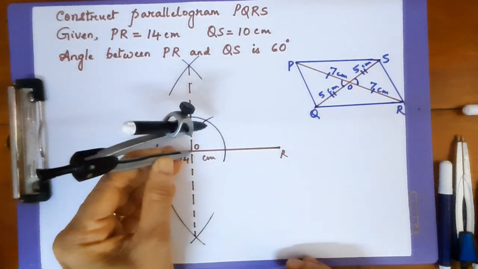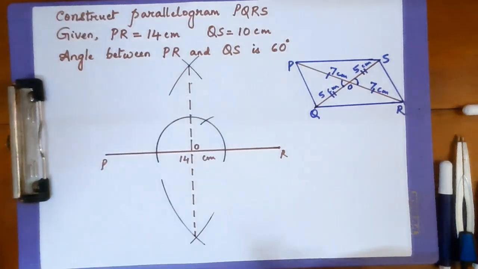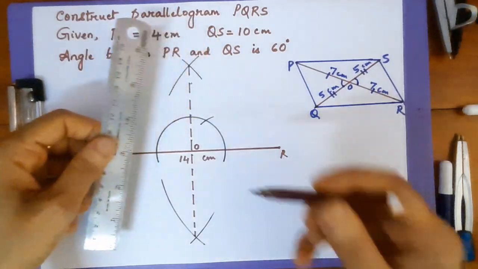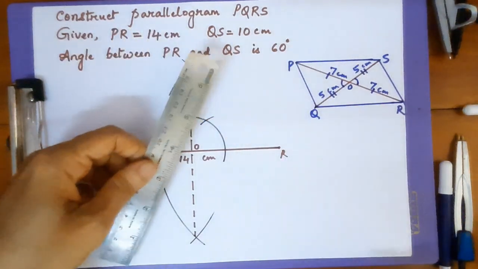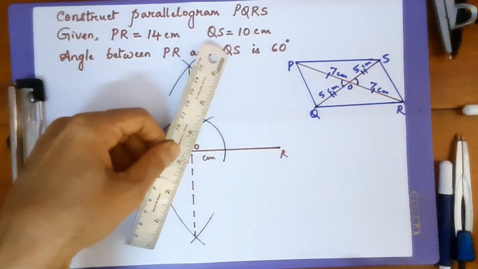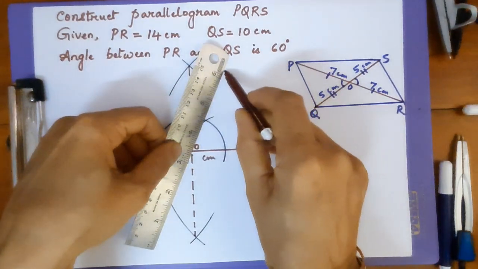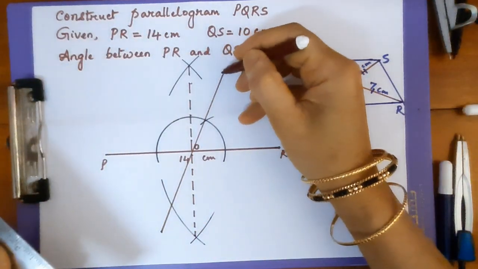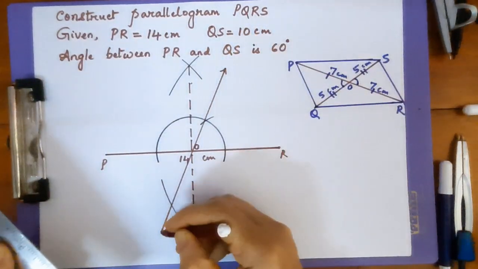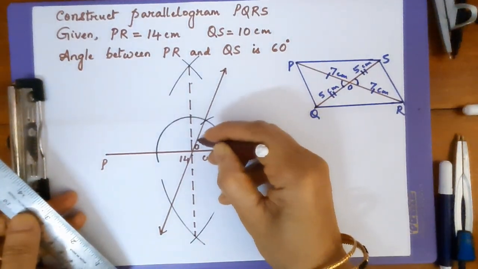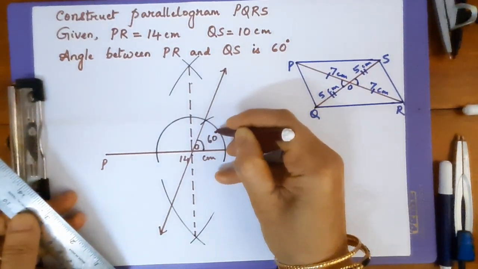So we are keeping the same radius as we have drawn the semicircle, and the 60-degree angle line should be drawn now. So orient it to O, and this is the angle line, the 60-degree angle line, and this angle is 60.